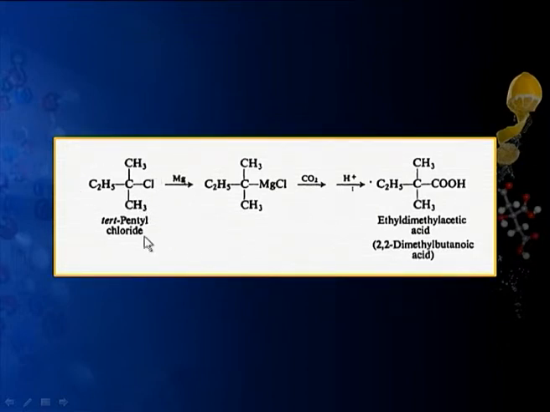If there are many substituents and a highly sterically hindered compound, like this tertiary pentyl chloride, even this reacts with magnesium to give the corresponding Grignard reagent, which adds on to carbon dioxide followed by hydrolysis, and gives this acid, which is 2,2-dimethyl butanoic acid. So this method, carbonation of Grignard reagent, or addition of carbon dioxide to Grignard reagent, gives us carboxylic acids with one carbon more than the starting alkyl halide.